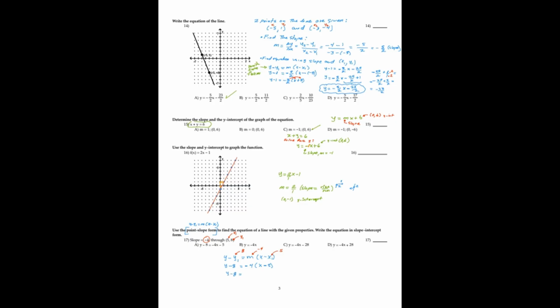Y minus 8 equals, you multiply negative 4 times x, negative 4x, negative 4 times negative 5, positive 20. And now we're adding 8 to both sides. So y equals minus 4x plus 20 plus 8. So y equals minus 4x plus 28. And here I have the equation of the line.